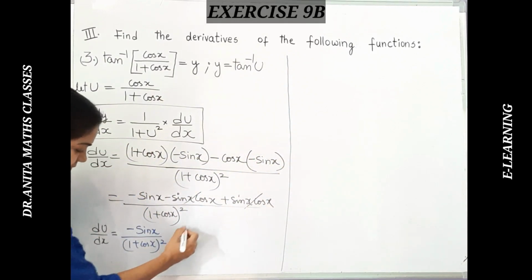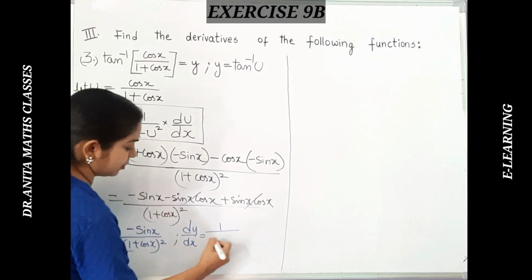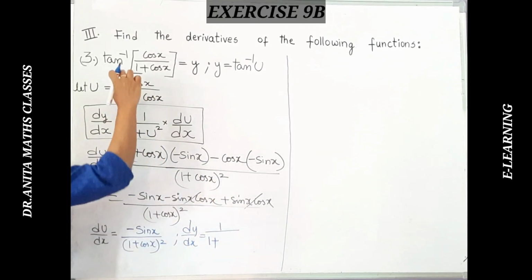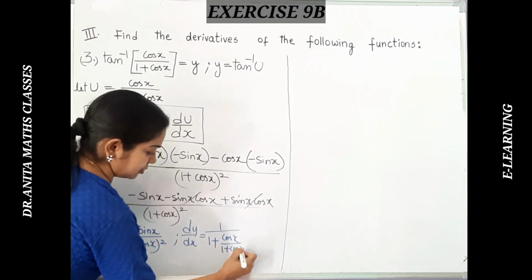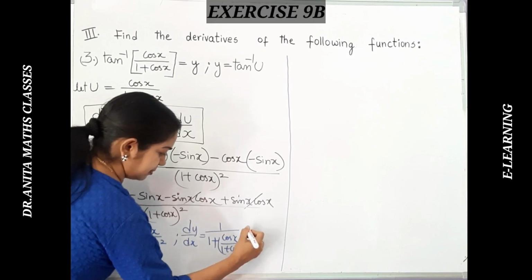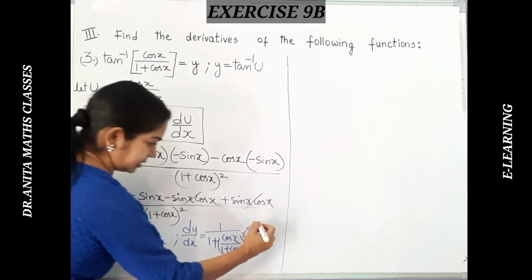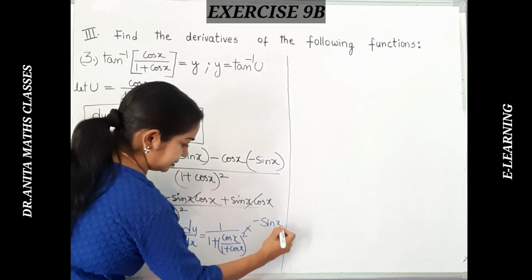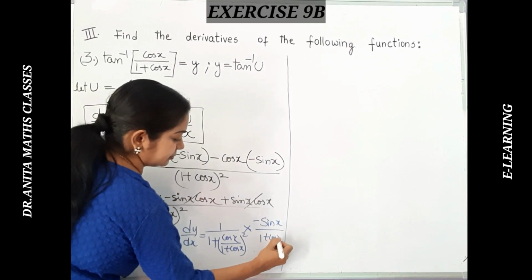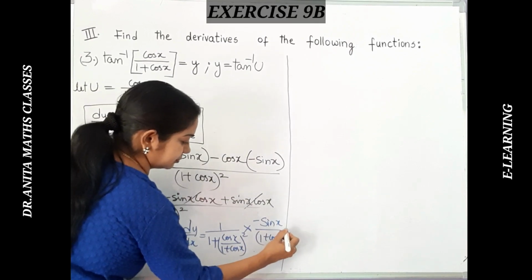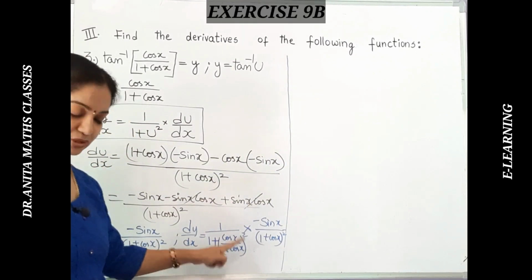So we should get here dy by dx is equal to 1 upon 1 plus u square. U is this. So 1 plus cos x by sin x whole square, multiplied by du by dx, the simplified version of this, that is minus sin x divided by 1 plus cos x whole square. Here we will simplify it. We will take the LCM. So 1 plus cos x whole square is LCM.